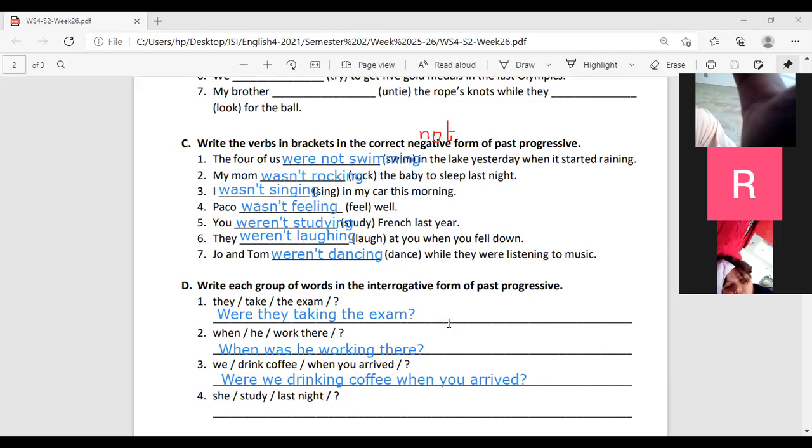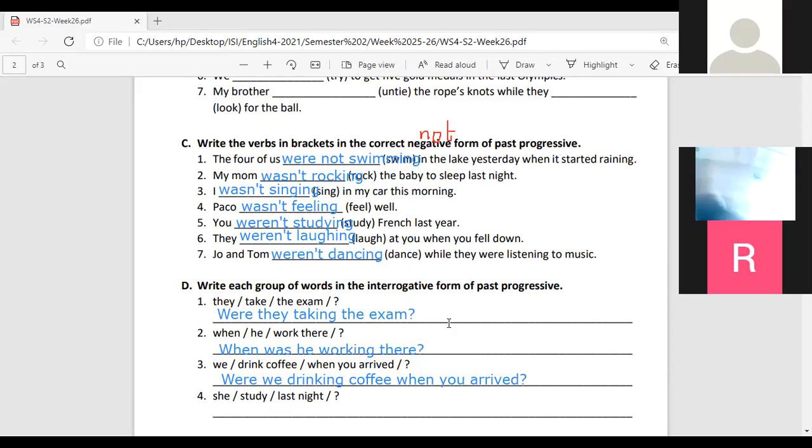Make it a question in the interrogative form, please. Did she study last night? But I want it past progressive, not simple past tense. I want it in the past progressive, like your friends did. So we don't say did she study.